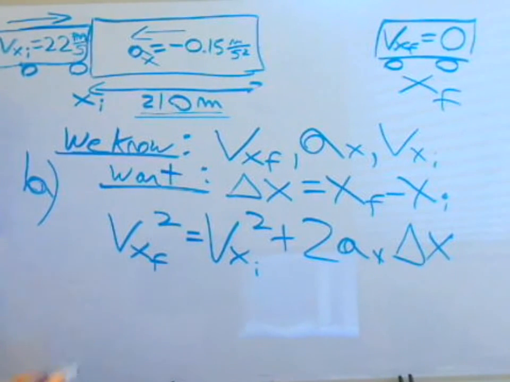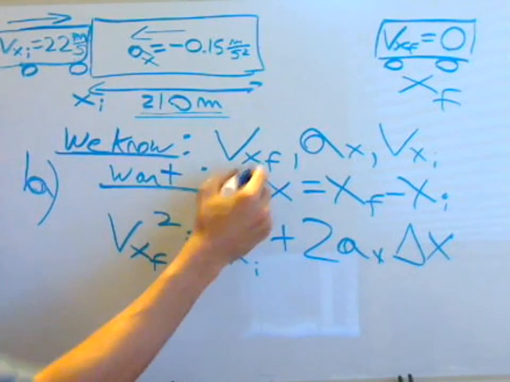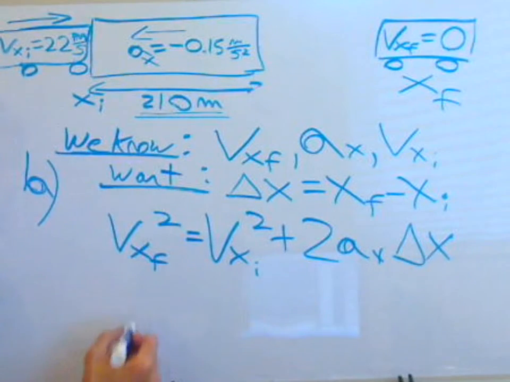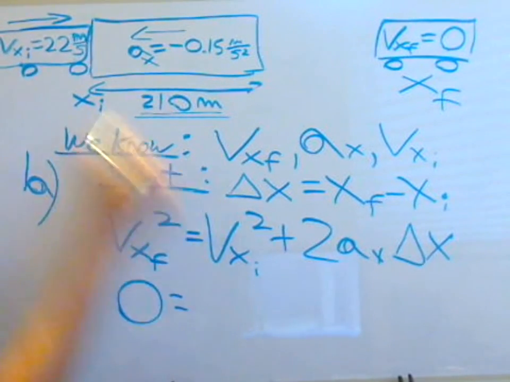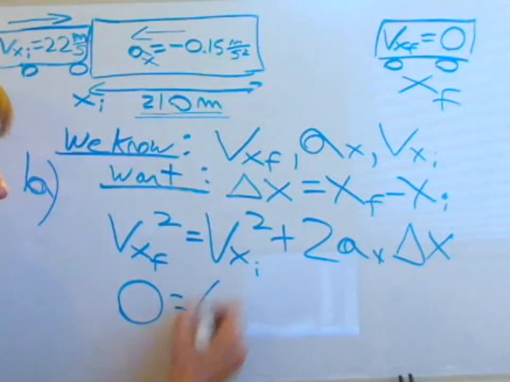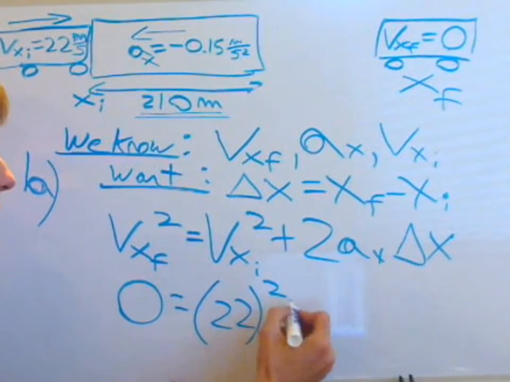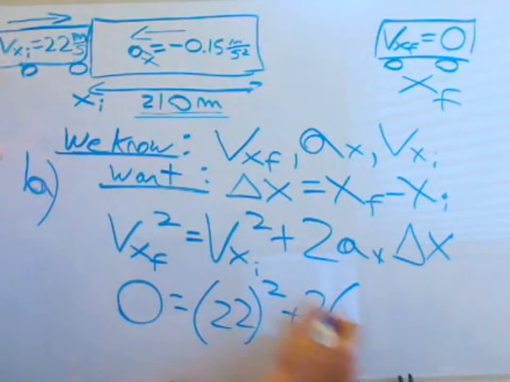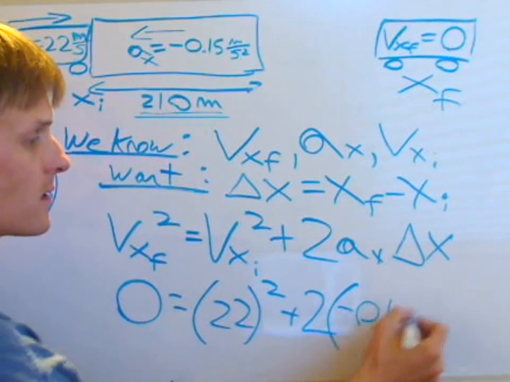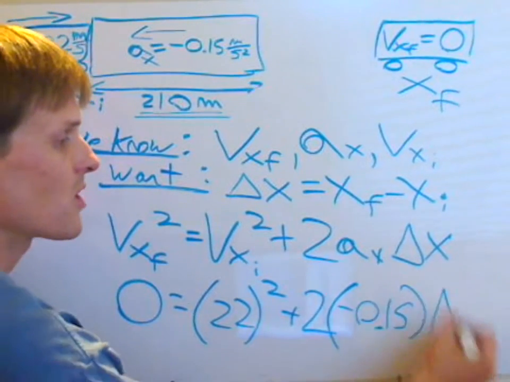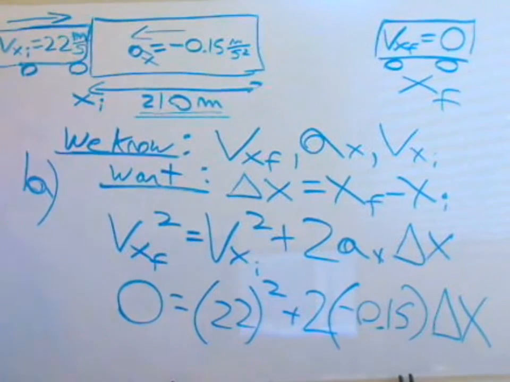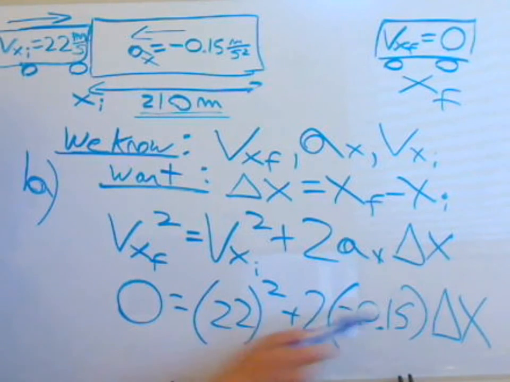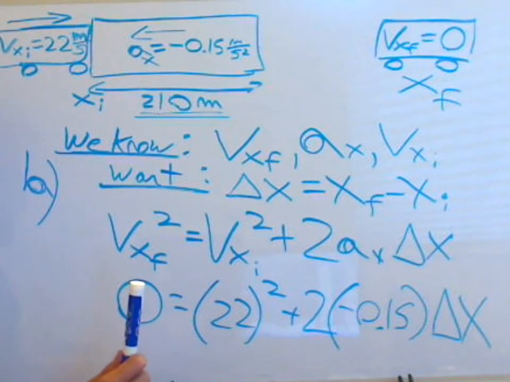Okay, so let's plug these numbers in here. Vx final is 0. The train comes to a stop. Vx initial is 22. That's the same as in part A. The acceleration is the same, negative 0.15. Except this time, we want to solve for delta x. Okay? So this becomes just an algebra problem. We just need to solve for delta x here. Okay?